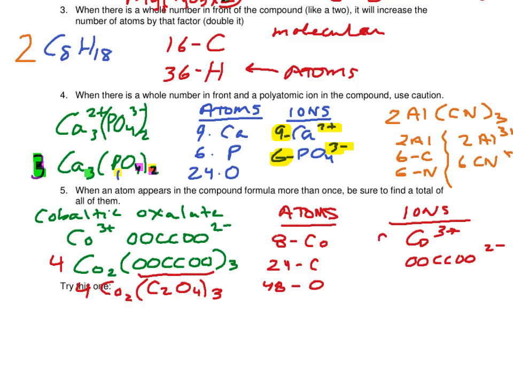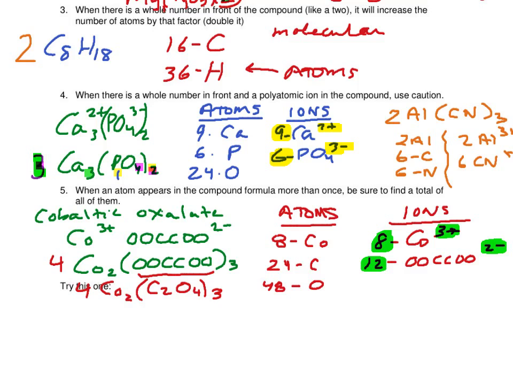So that was 8 cobalts. And we have a 3 outside the bracket for the oxalate. Times 4 is 12 oxalates. Check your charges. So we have 8 times 3, 24 positives. 12 times 2, 24 negatives, so it's balanced.